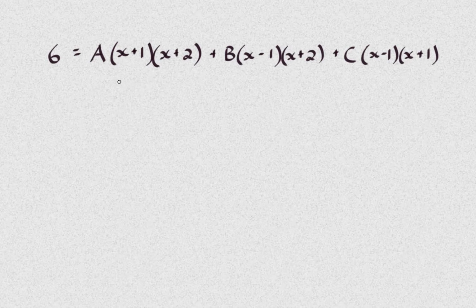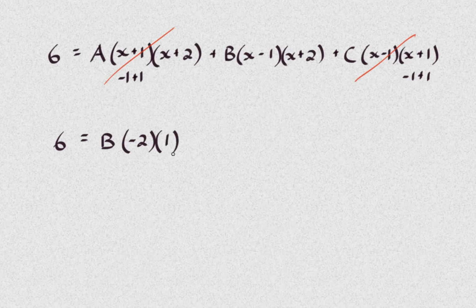So if we let x equal minus 1, we'll get a minus 1 plus 1 here, we'll get a minus 1 plus 1 here, and so this term will go, this term will go, and that means we can say that 6 is equal to b times negative 1 minus 1, so minus 2, negative 1 plus 2, so 1, and so therefore we can see, alright, minus 2 lots of b is equal to 6. That means b must be negative 3. Once again, like we saw before.